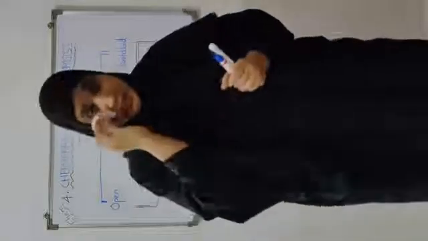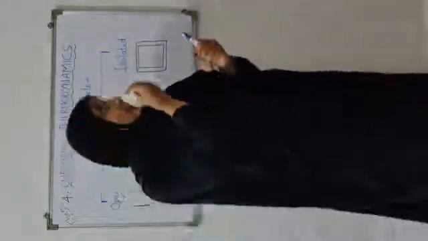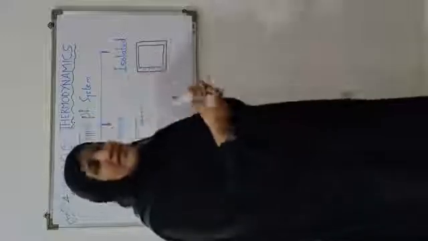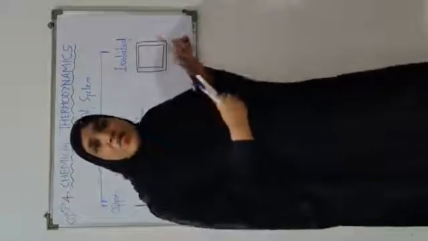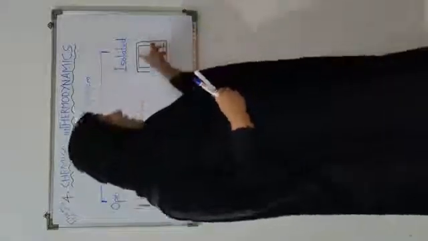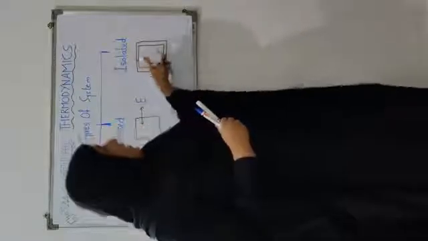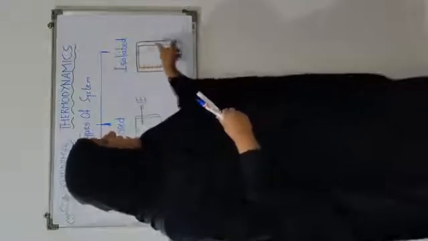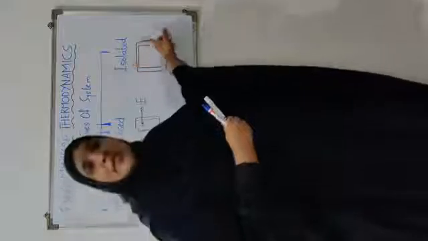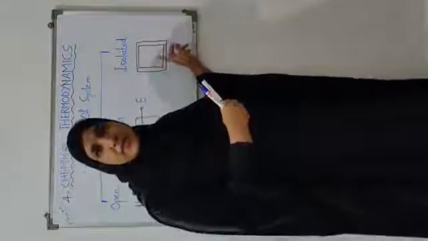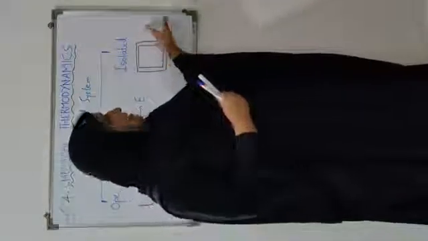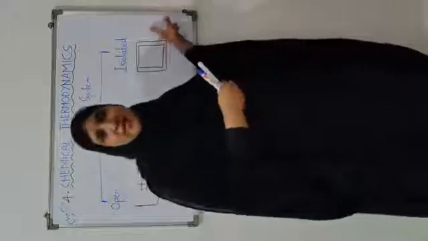Okay, now the last one is isolated system. Okay, in isolated system, the wall of the system is completely closed. Okay, and the wall of the system is covered with some insulating material. Okay, it means that it is thermally isolated from the surrounding.